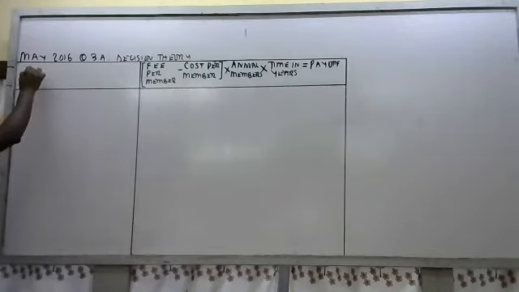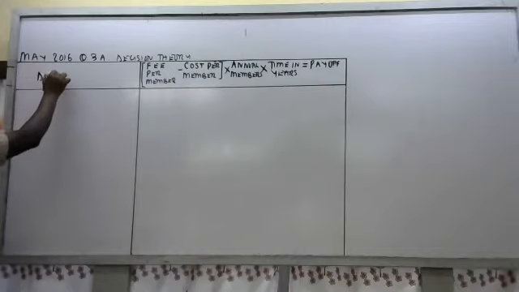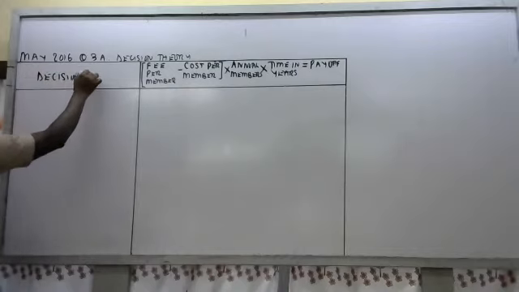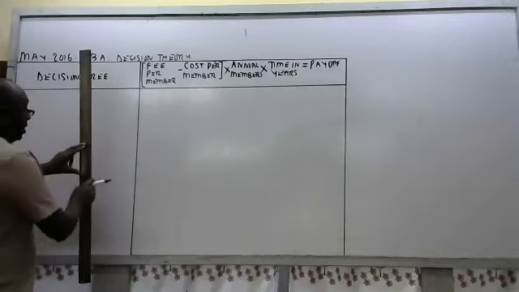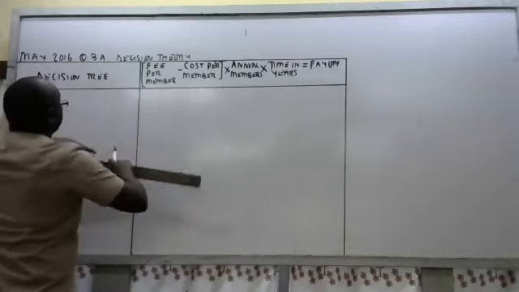I don't know whether my space will be enough. Decision tree. So I need 5 items.